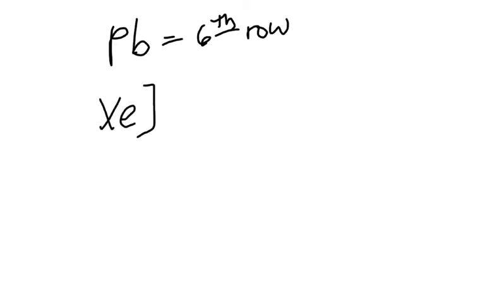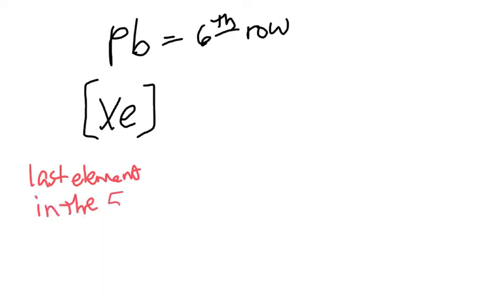Let's take a look at the xenon part. Lead is in the 6th row, so we're going to look at the noble gas behind it. Xenon is the last element in the 5th row.